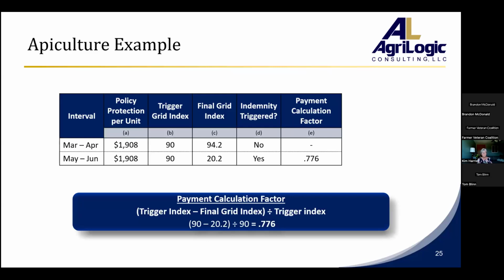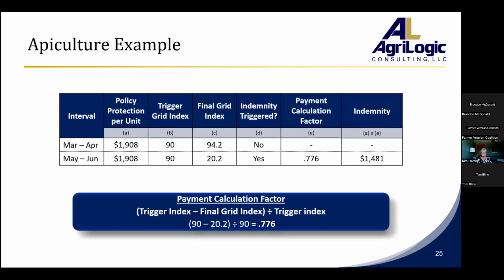And then we divide it again by 0.9, and we come up with a payment calculation factor of 0.776, which basically means we're going to pay out 77.6% of our coverage. So we take the 1,908 times the 0.776, and the indemnity is going to be $1,481.